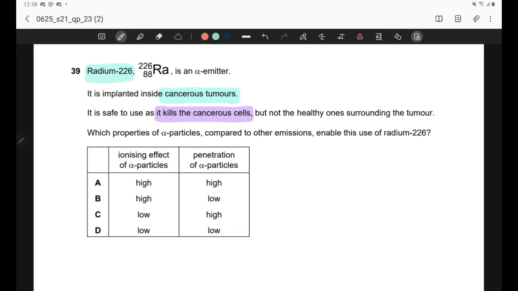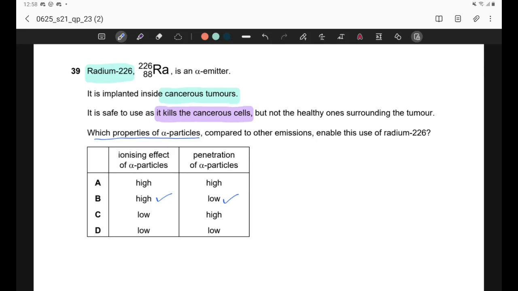So we need to mention which property of alpha particles compared to other emissions enables this use of radium-226, or why we can use alpha particles for better treatment. The reason is that the ionizing effect of alpha particles is very high and the penetration of alpha particles is low, so it won't penetrate to other body parts or organs.